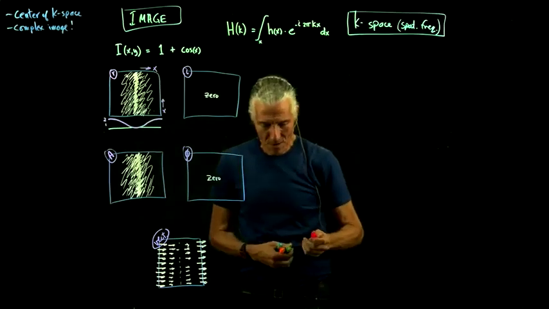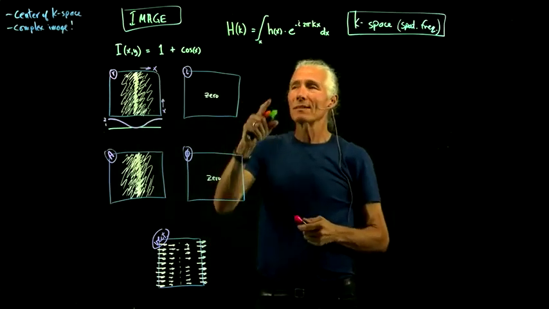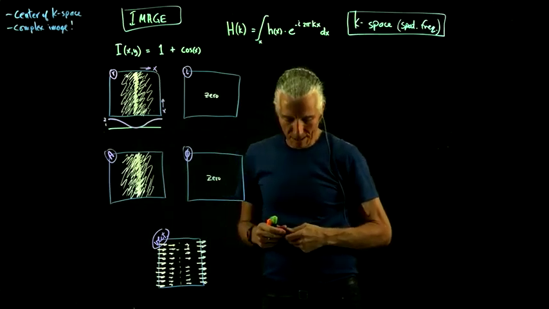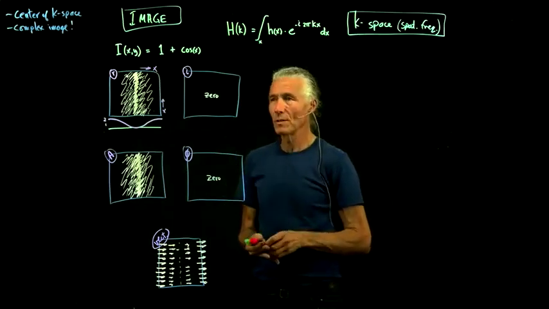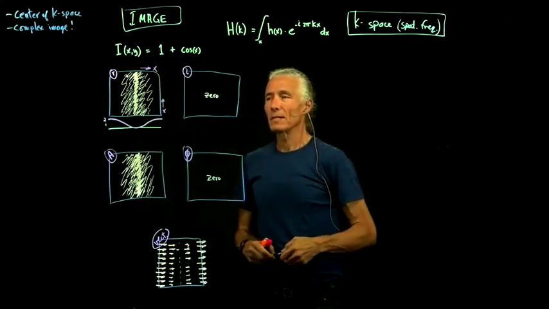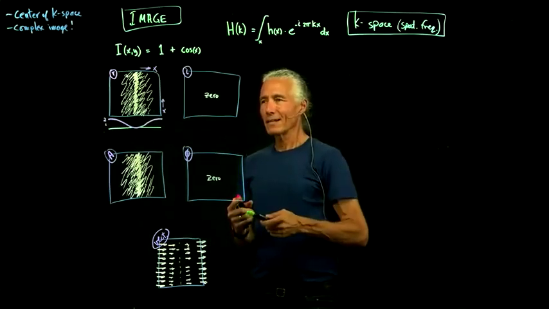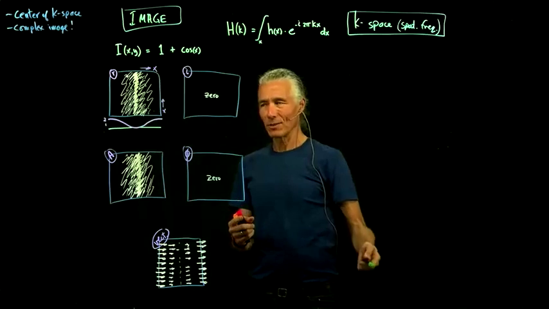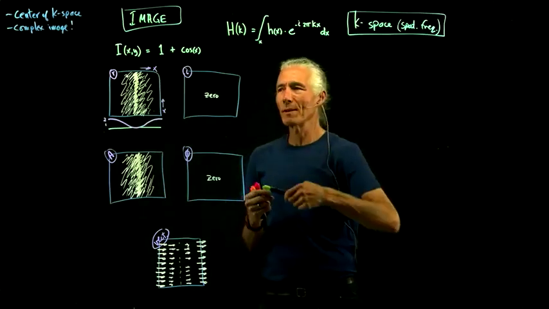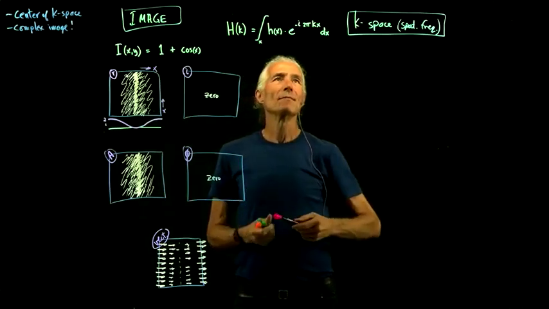So now, what's the center of k-space? The center of k-space is just k equals 0. In the case of a two-dimensional k-space, it's kx equals ky equals 0. But we're just doing the one-dimensional here just for ease.